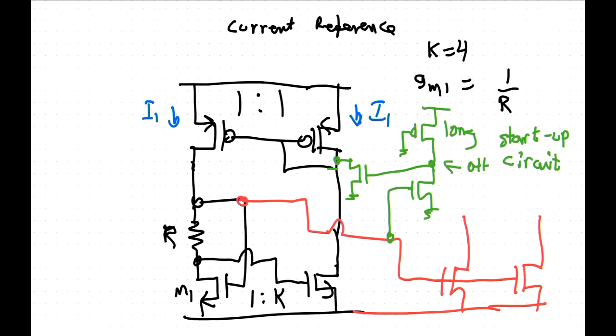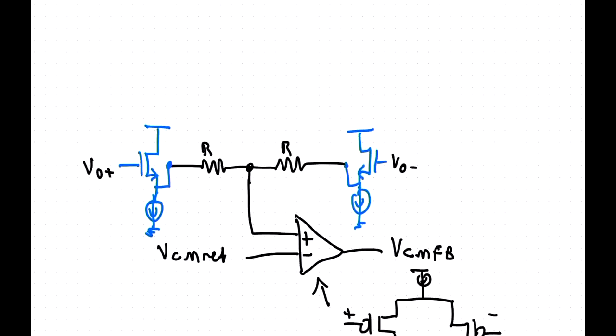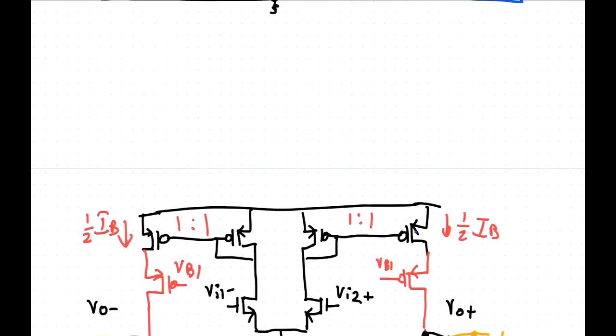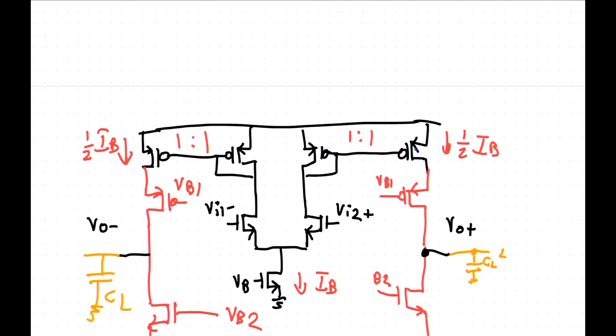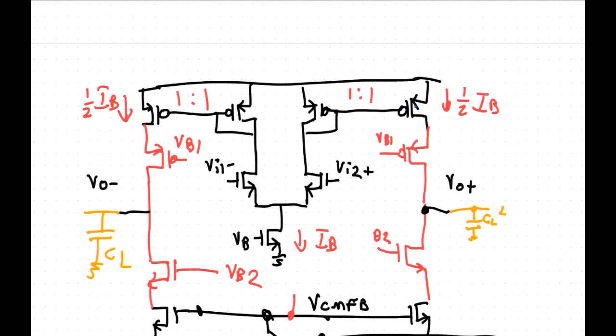Actually, I think you also make the second stage GM smaller as well, because you make the input stage larger. Yeah, so that's normally what you have to do. So if you look at the noise from this one here, the noise from these transistors has the same amount of gain to the output as this one here.